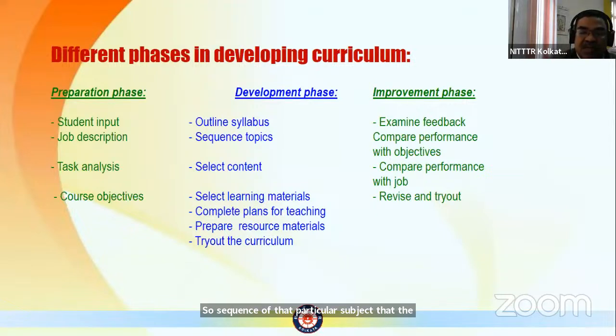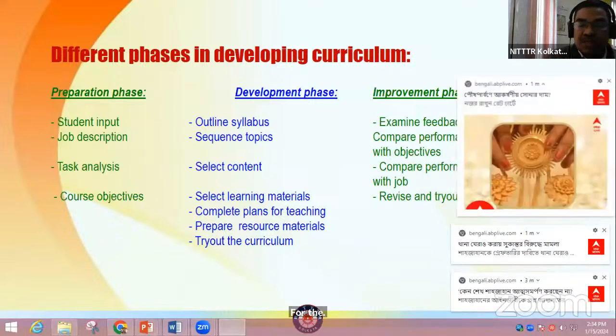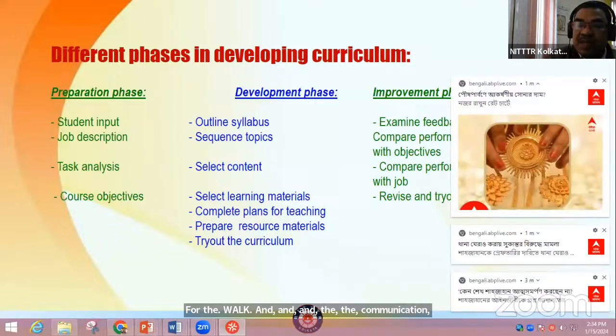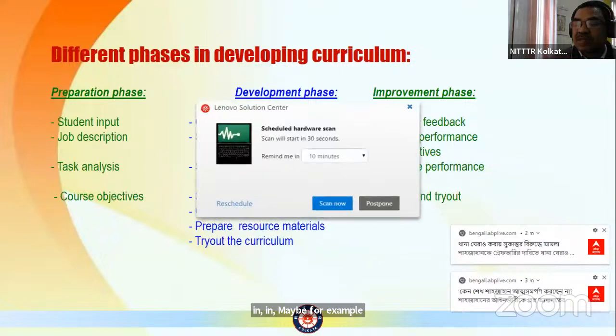Sequence of the topics. For example, take one particular subject, communication in English.